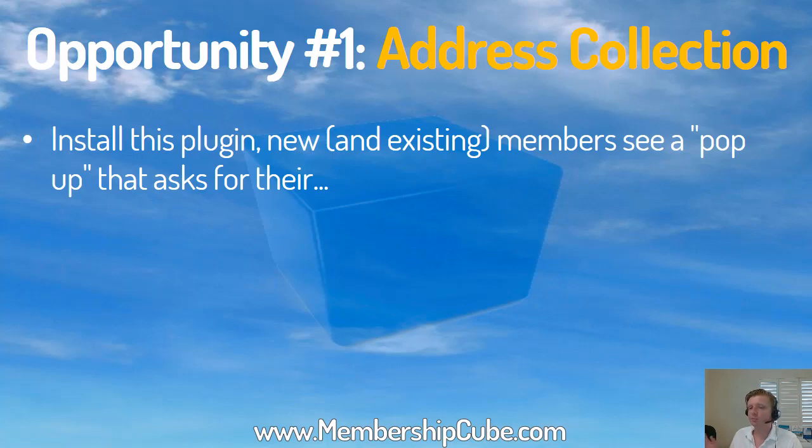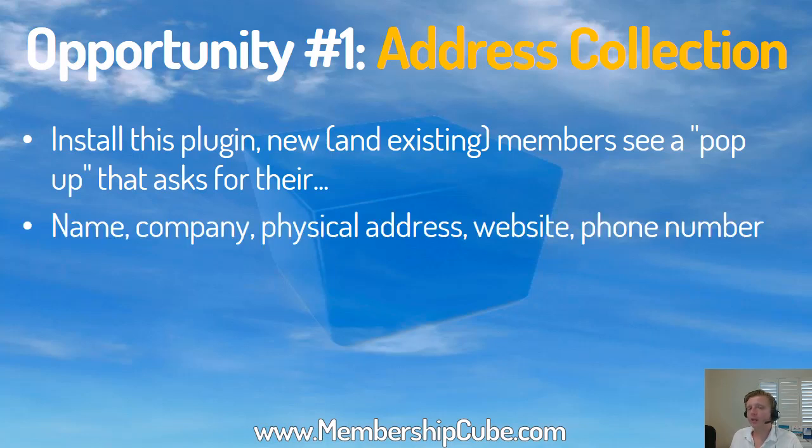Here's how you do it. You make a membership site. We give you all the tools and training in our course in Membership Cube. We give you the plugin to collect their addresses. They log into your site. They see a pop-up that asks for their name, their company, their physical mailing address, their website, their phone number, and they can choose to fill in none of it.